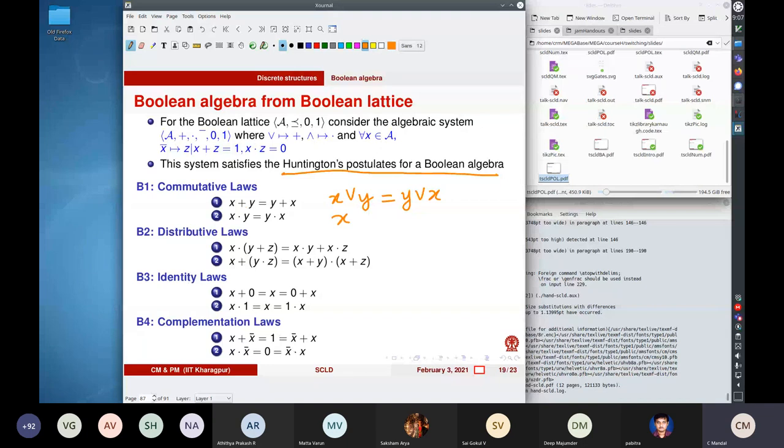So x dot y is really the join of x and y, which you have seen is the join of y and x. So these laws of Boolean algebra as presented in Huntington's postulates are consistent with the properties of elements in a Boolean lattice.